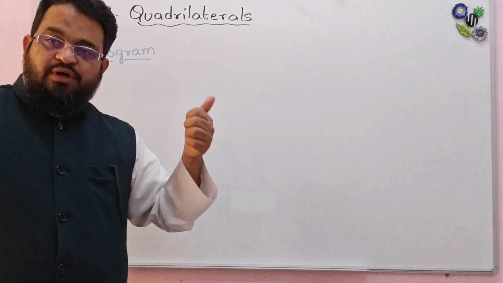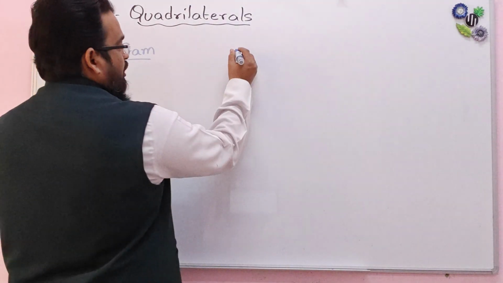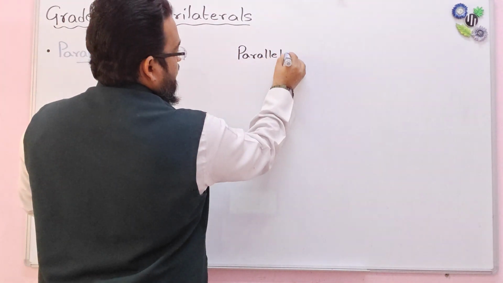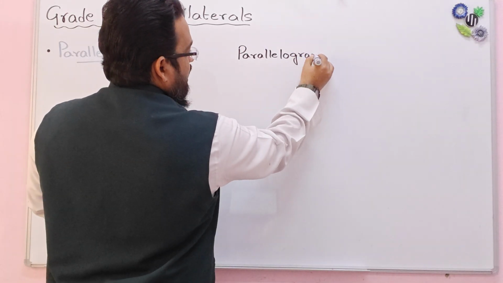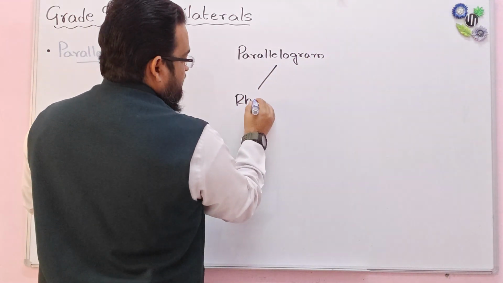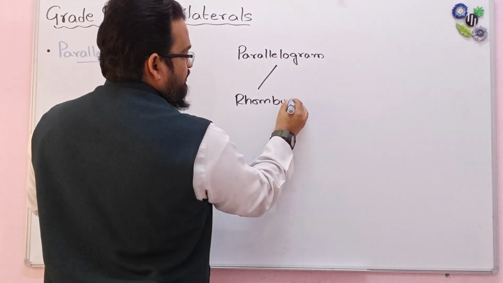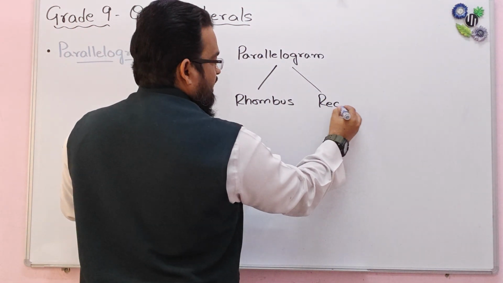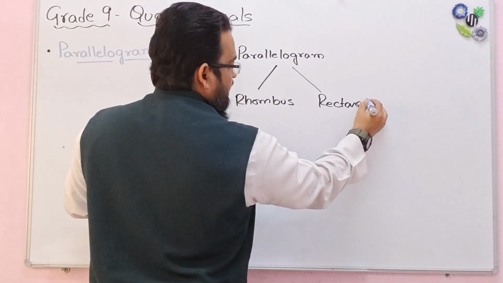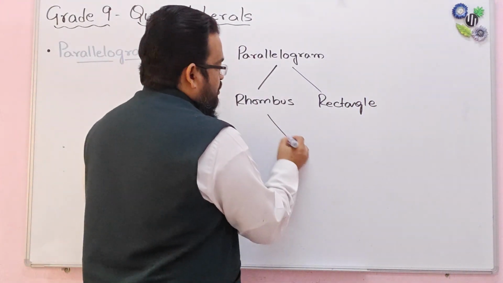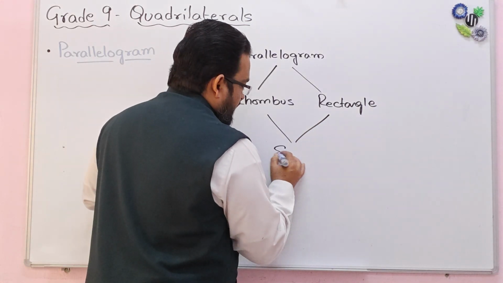So the first thing, parallelogram. From this you can have a rhombus by adding one property, and in the same way you can have a rectangle by adding another property. And combining these two properties we get a square.